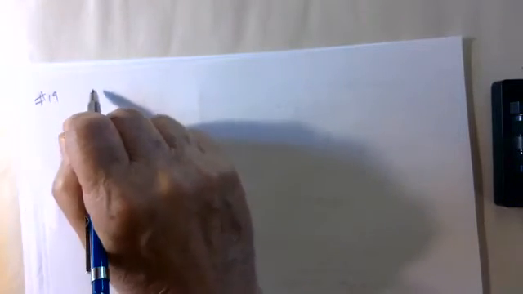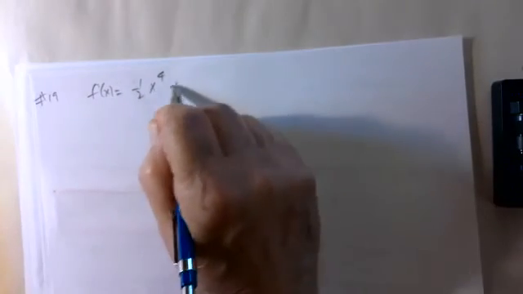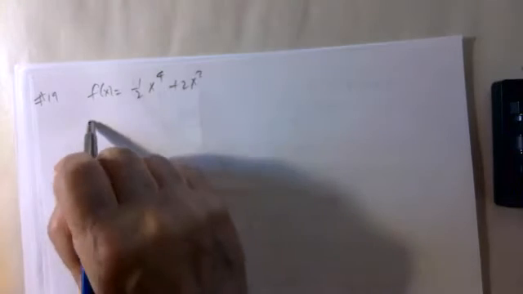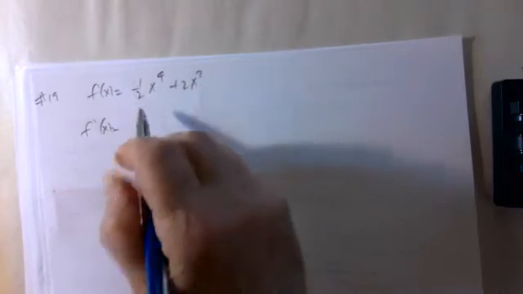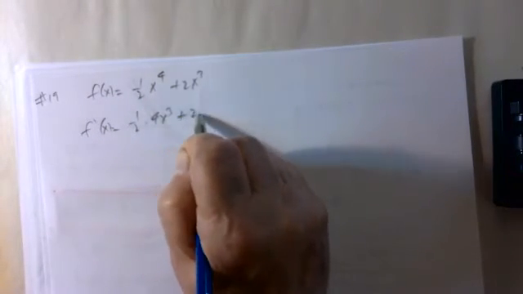Well, let me do another problem so maybe it'll become a little clearer. So this is homework problem 19. Here we have the function f of x equals a half x to the 4th plus 2x cubed. So the first derivative is a half times 4x cubed plus 2 times 3x squared.